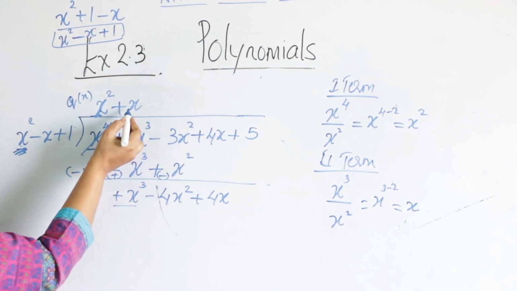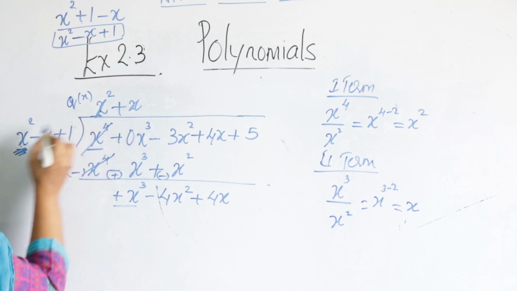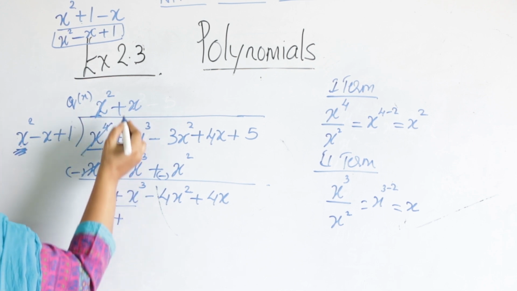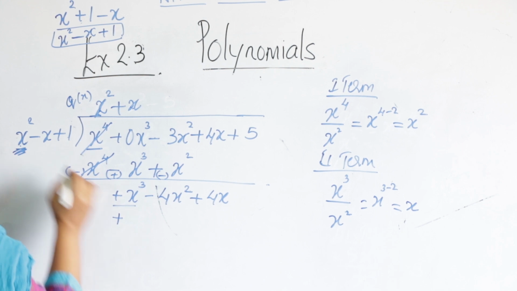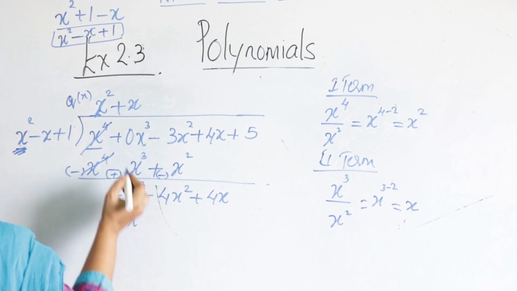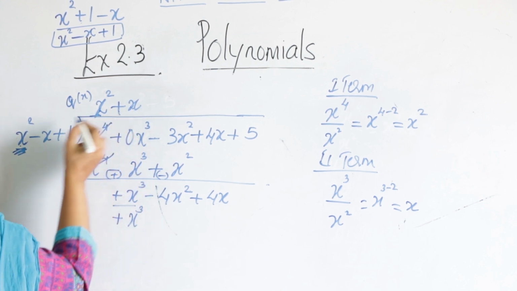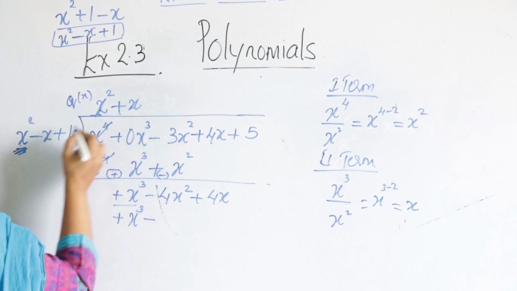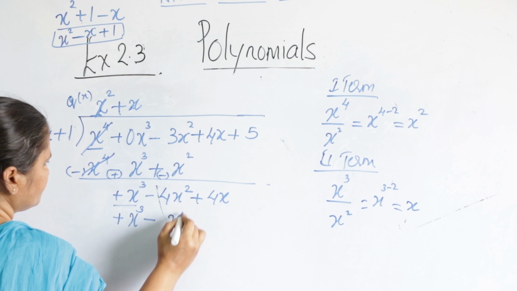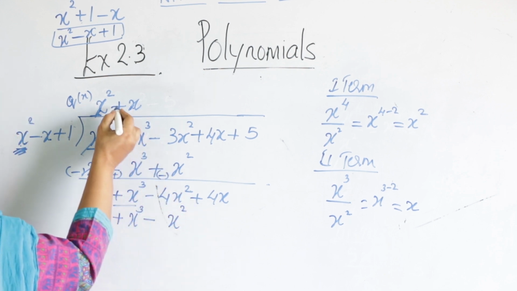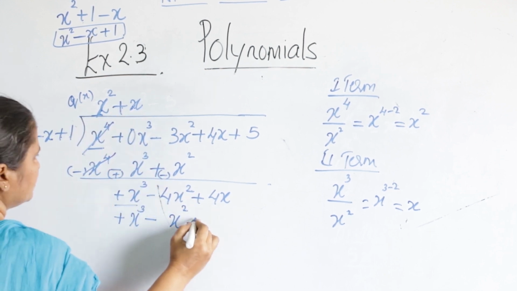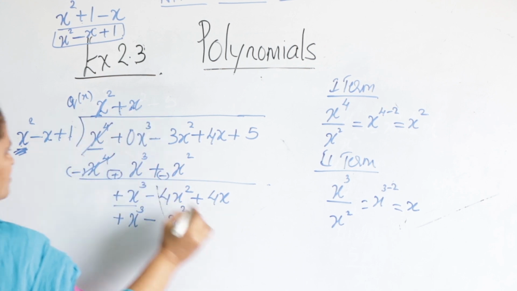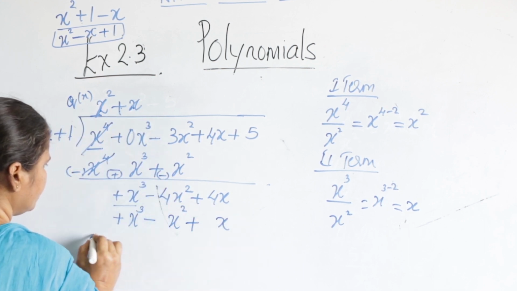Now let us start multiplying. Plus into plus, plus. X into x square, x cube. Plus into minus, minus. X into x, x square. Plus into plus, plus. X times 1, x.